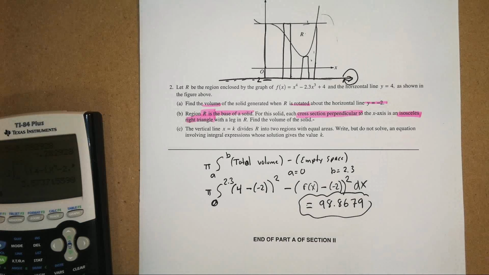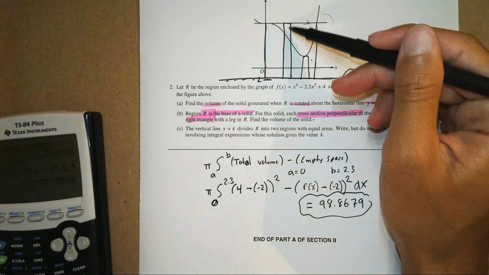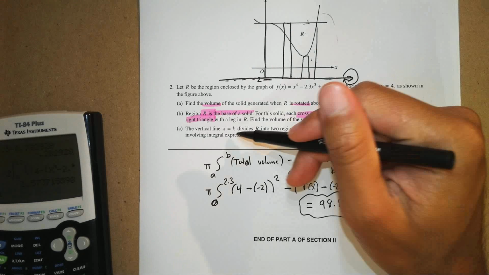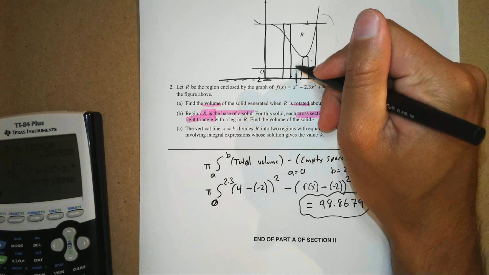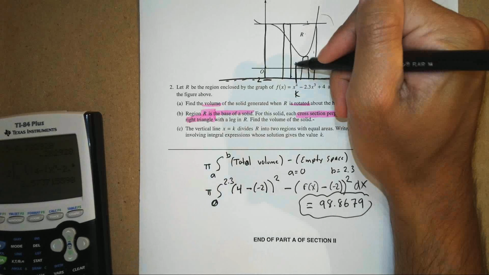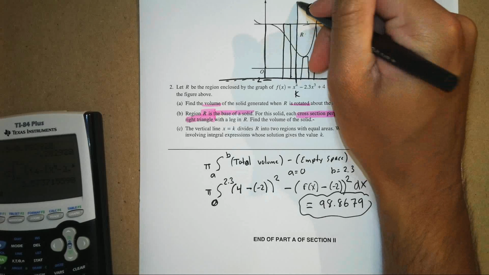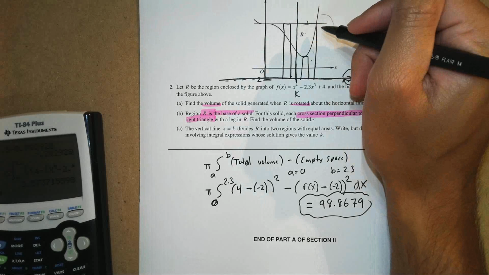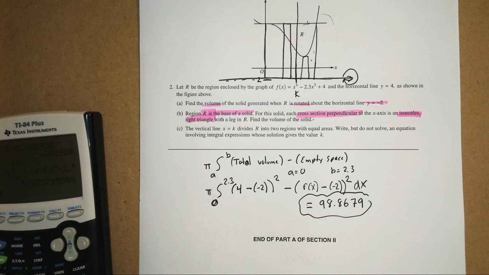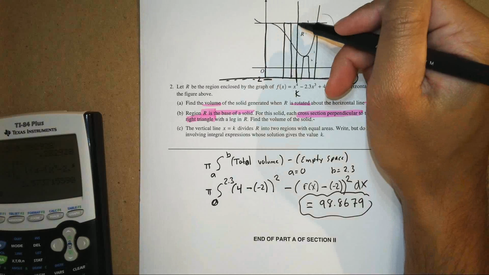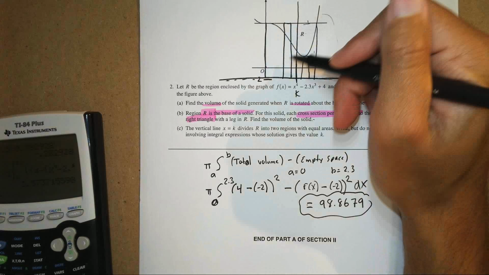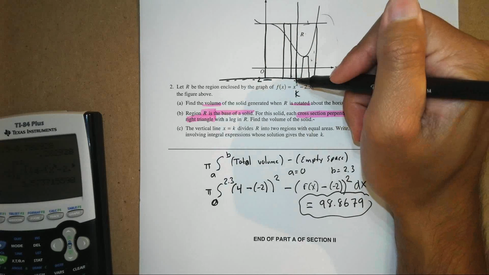So what that means is you're taking this area and you're going to find a line x equals k that splits this area in half. If I'm going to find where this k cuts this in half, that means I'm going from 0 to k, then k to 2.3.